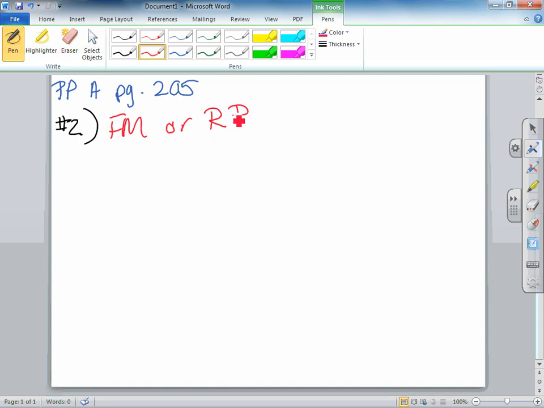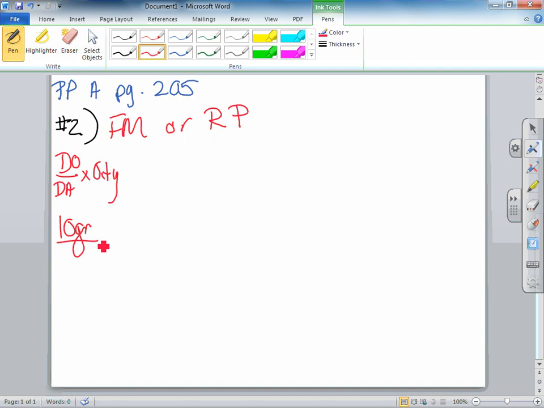For the formula method, it's dose ordered over dose available times the quantity. So the dose ordered in this case is 10 grains. 10 grains is the dose ordered. The dose available, you need to look at the drug label. Look at this drug label. And the units have got to match.